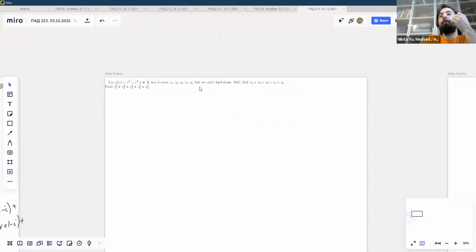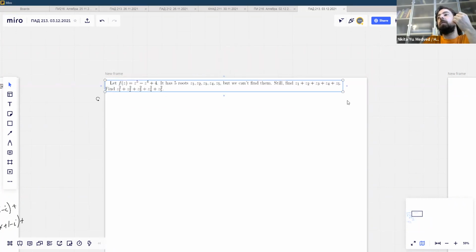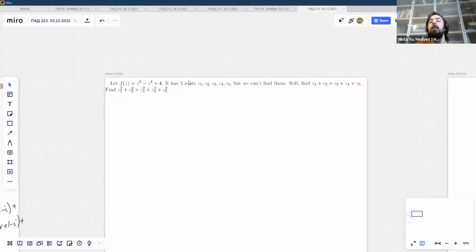So the last topic I want to talk about is this. Suppose I have some polynomial that, well, has roots by the main theorem of algebra. However, I don't know how to find them.